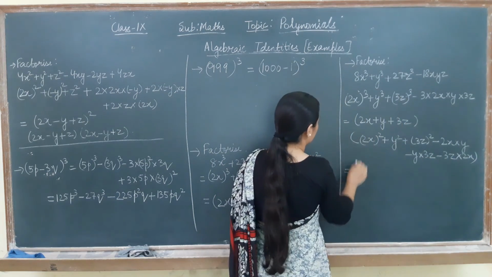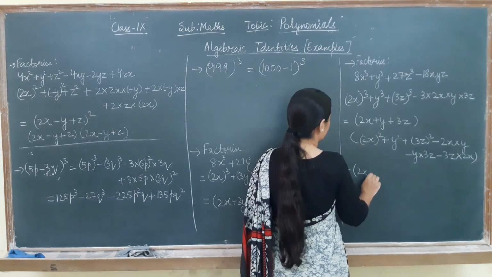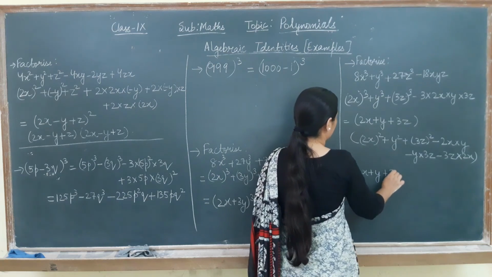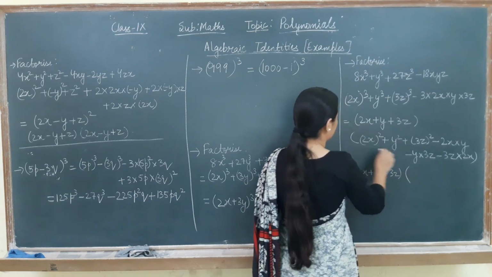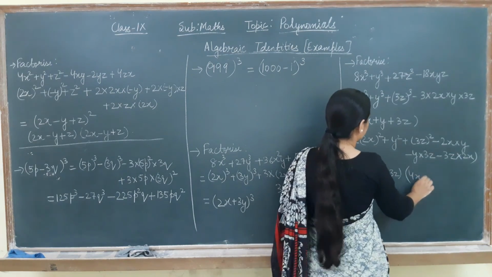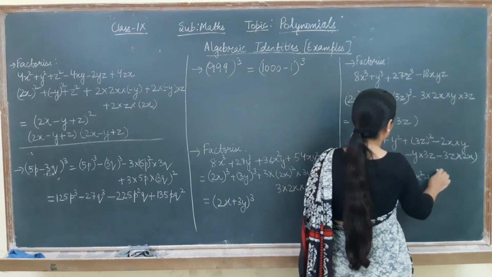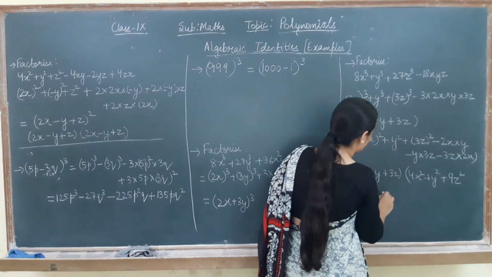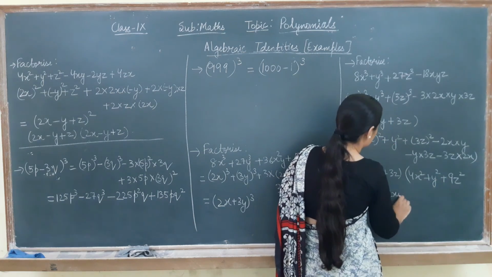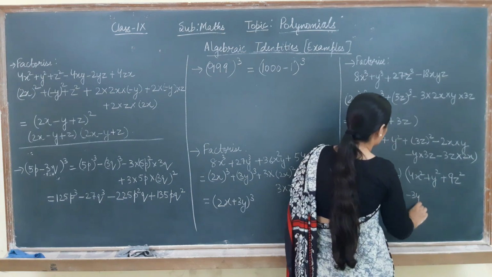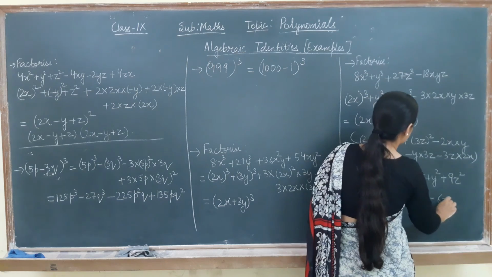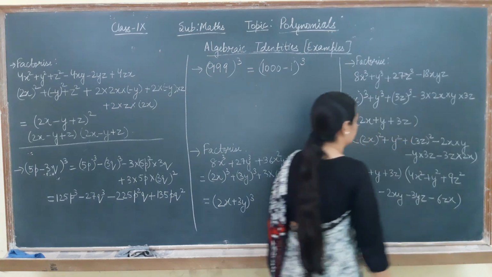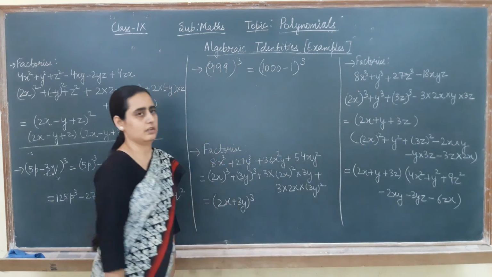So this is equal to, firstly the same bracket, and in the second bracket we will get 4x square plus y square plus 9z square, then minus 2xy minus 3yz and minus 6zx. Fine. So this is done.